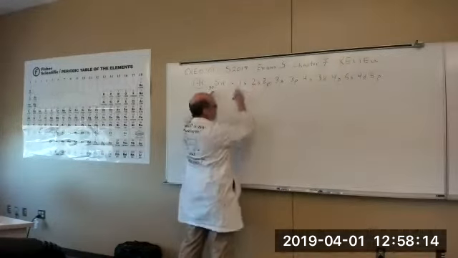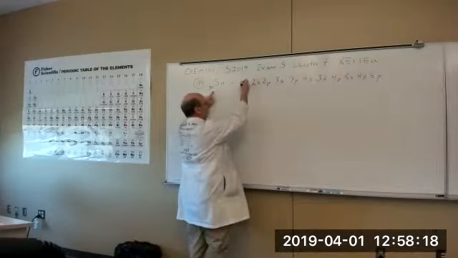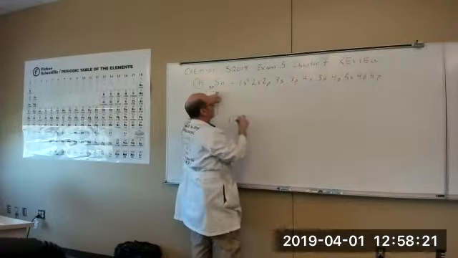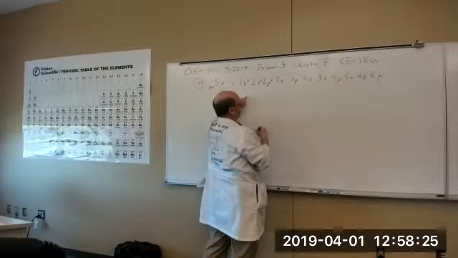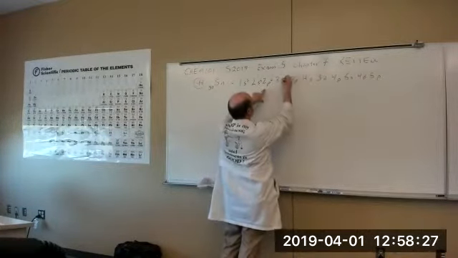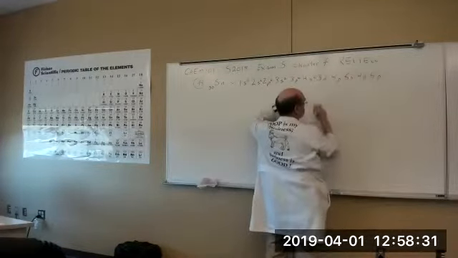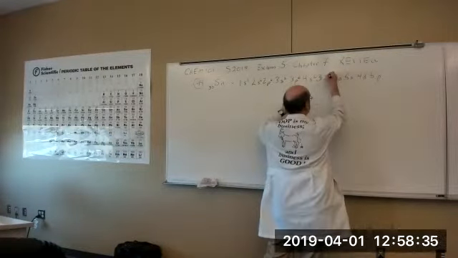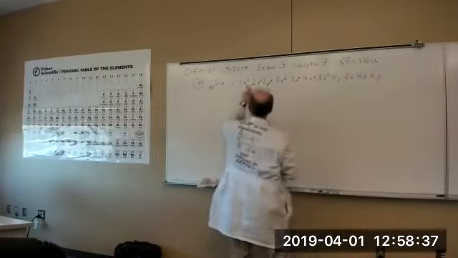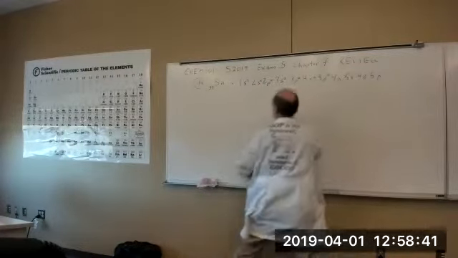So, s's can only hold 2. P's can hold 6. So there's 2 more there, 6 there, 2 there. D's can hold 10. Well, let's see how many we've got. There's 10, and there's 10 more, there's 30.